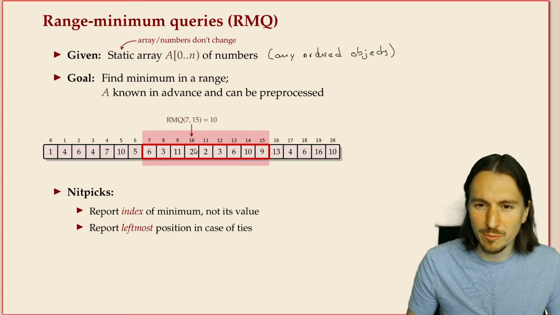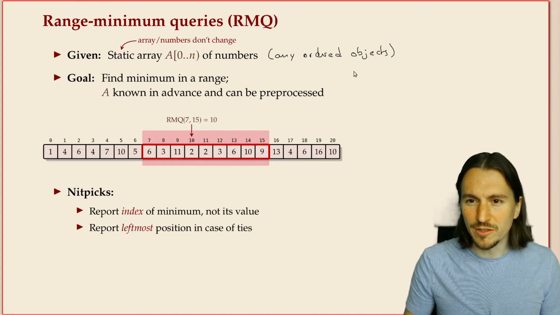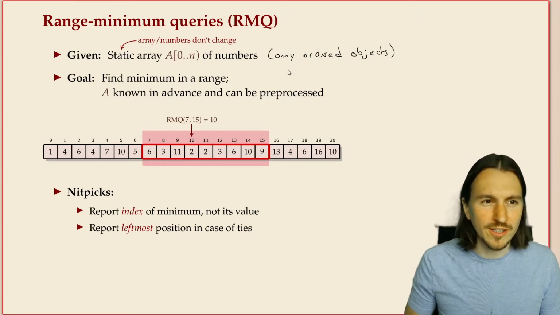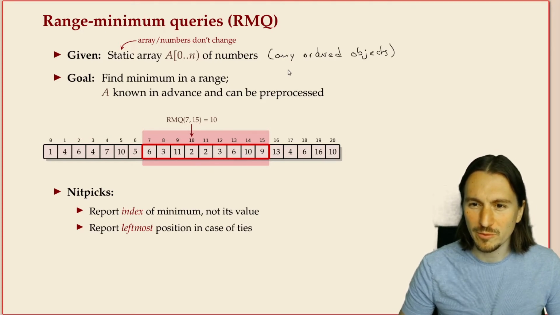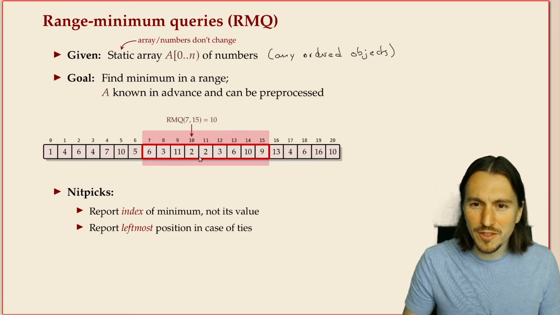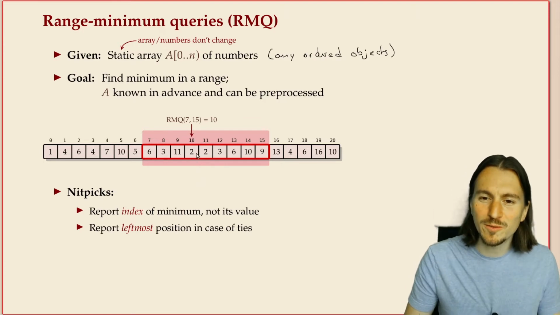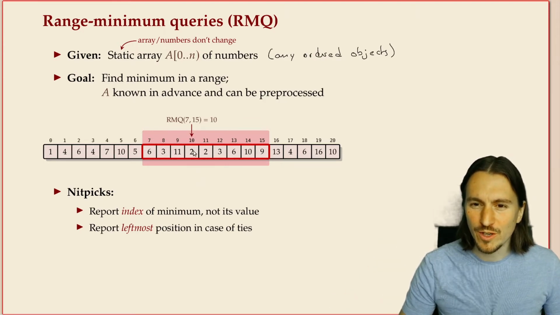I don't report the 2, I report the index. That's just convenient. If you have arbitrary objects, then an index is always quick and fast to return, so you don't have to mess around with any objects. The second thing is we might have ties, like in this example. There's two 2s. That's the only ones. And the minimum is always the leftmost occurrence of the smallest element in the range.